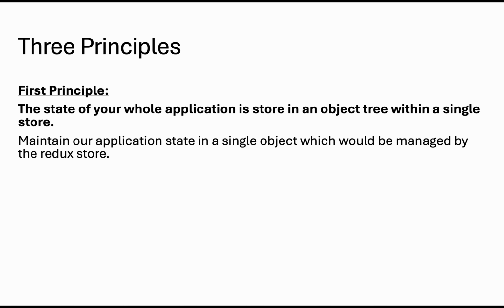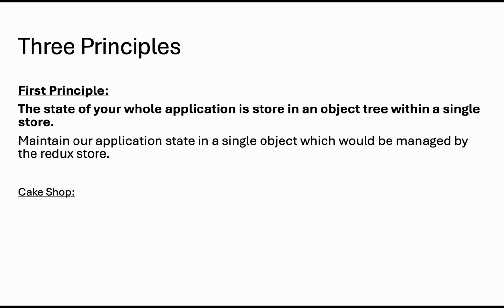Maintain your application state in a single object which would be managed by the Redux store. How does it relate to our cake shop example from our last video? There is a cake shop that keeps cakes inside it, which is a kind of store.